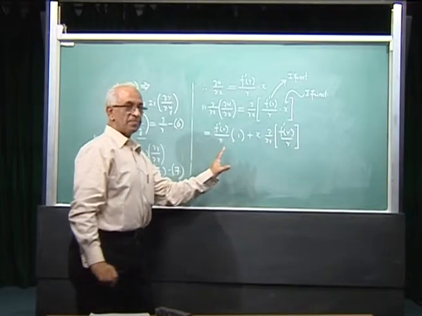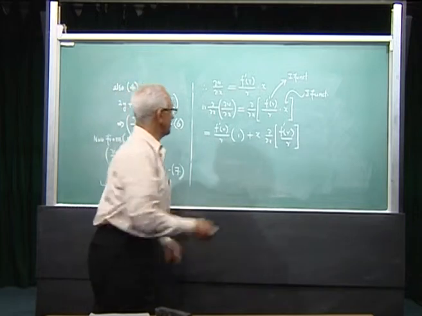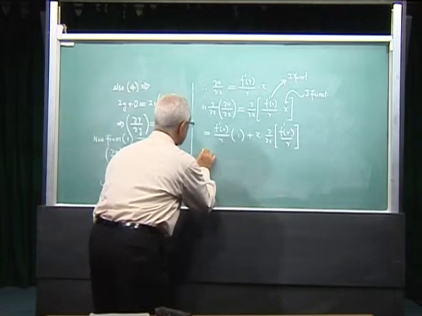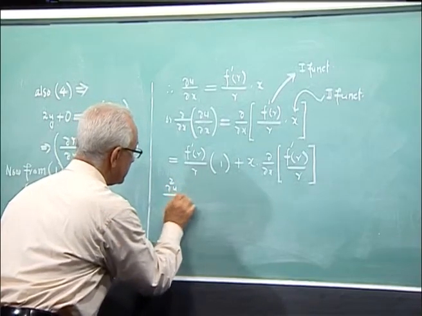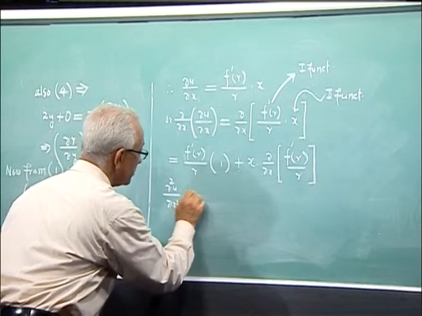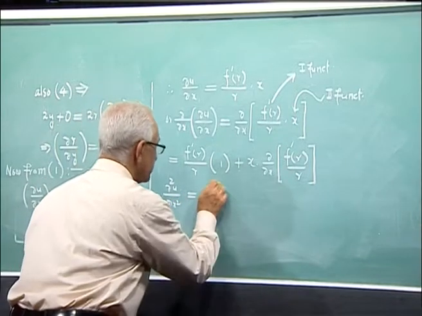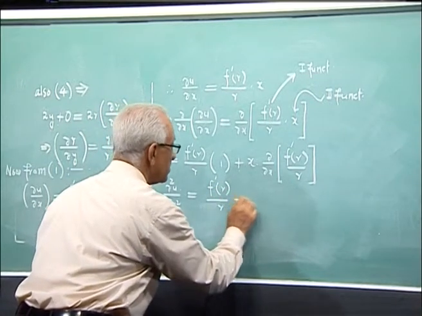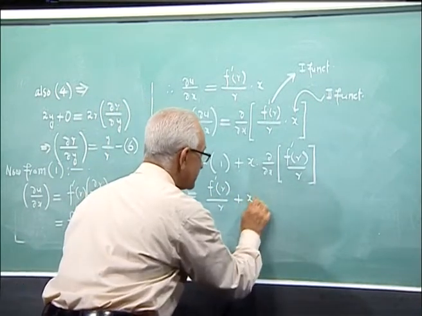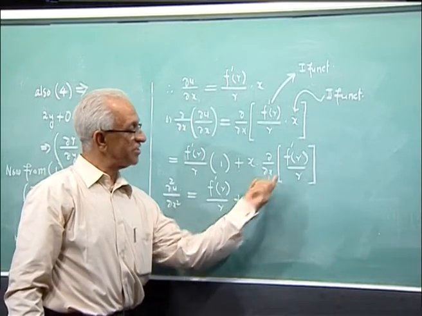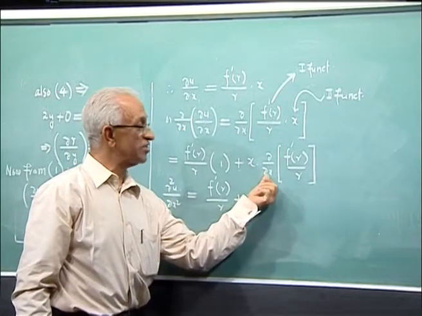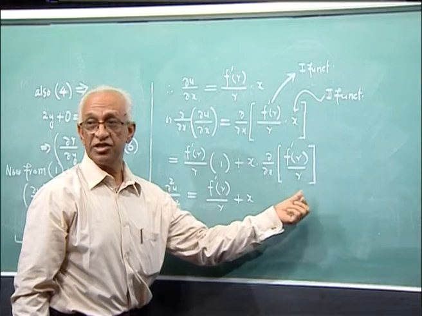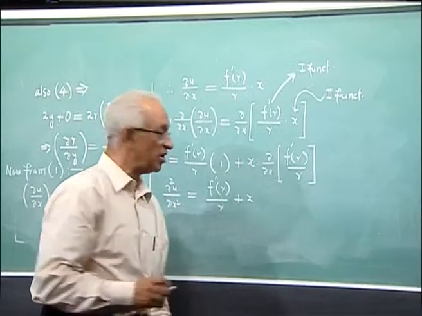A very important place where we have arrived. Before I proceed further, I will write it completely. d2u upon dx square is equal to f dash r upon r plus x. You cannot differentiate the whole thing with respect to x, as r is not a constant, so we'll have to make a little manipulation.